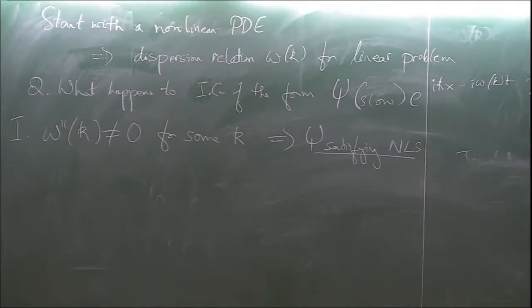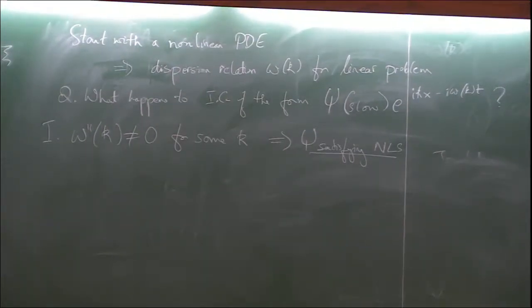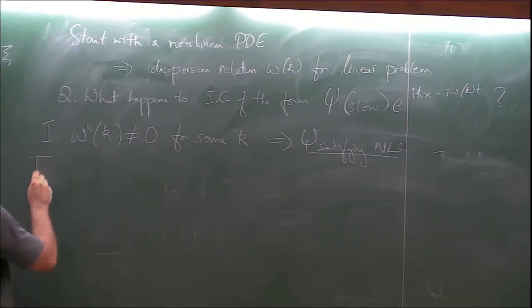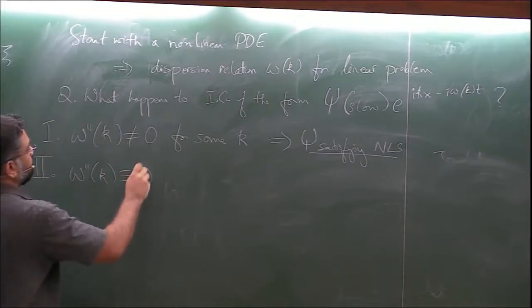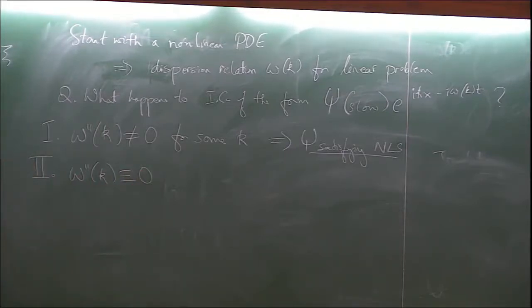Not identically zero. So if it's not identically zero, then it must be non-zero for some k. The opposite of this is omega double prime of k is identically zero. What does that mean? It must be a linear function of k.